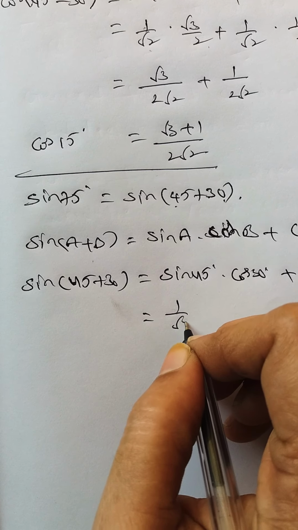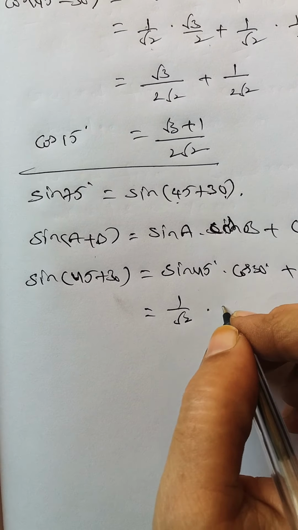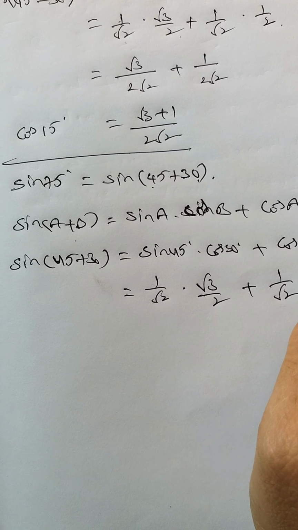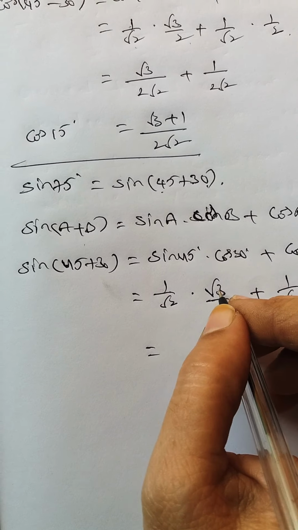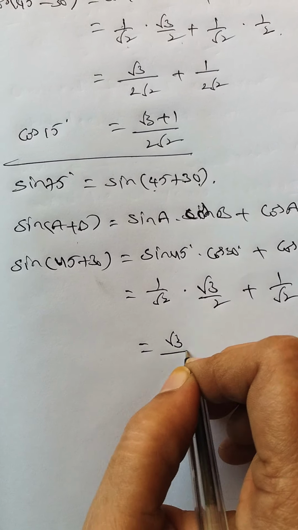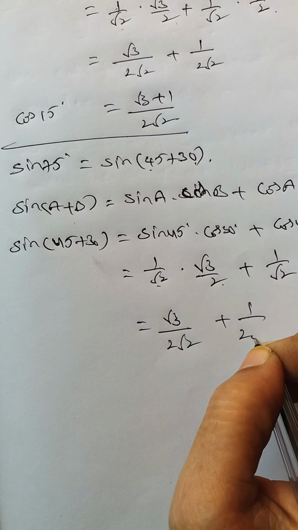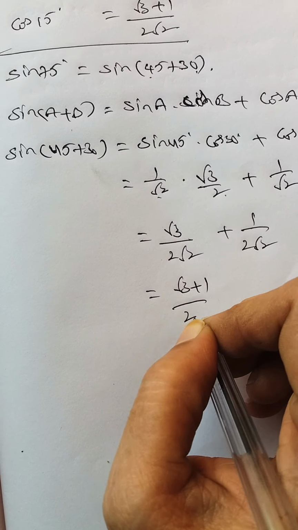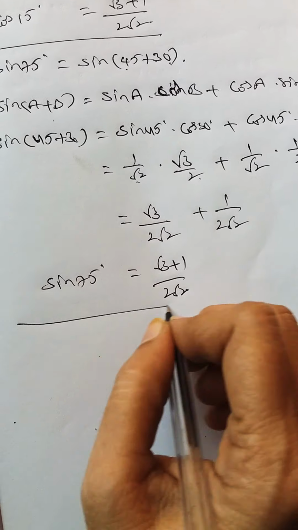So sin 45 is 1 by root 2 into cos 30 is root 3 by 2, plus cos 45 is 1 by root 2 into sin 30 is 1 by 2. By simplifying the numerator, 1 into root 3 divided by 2 into root 2, root 2 plus 1 ones are 1 by 2 root 2. By simplifying we get root 3 plus 1 by 2 root 2. So this is the sin 75 degrees value.